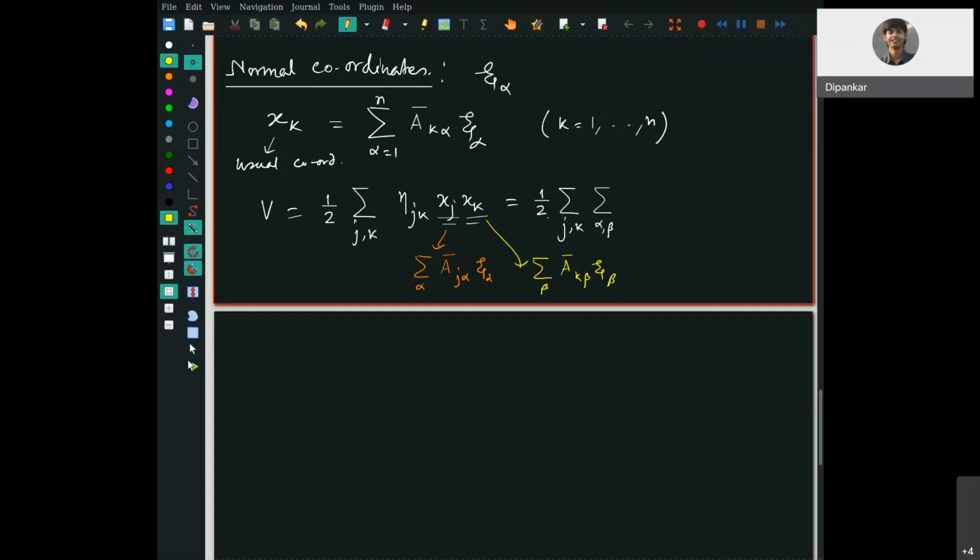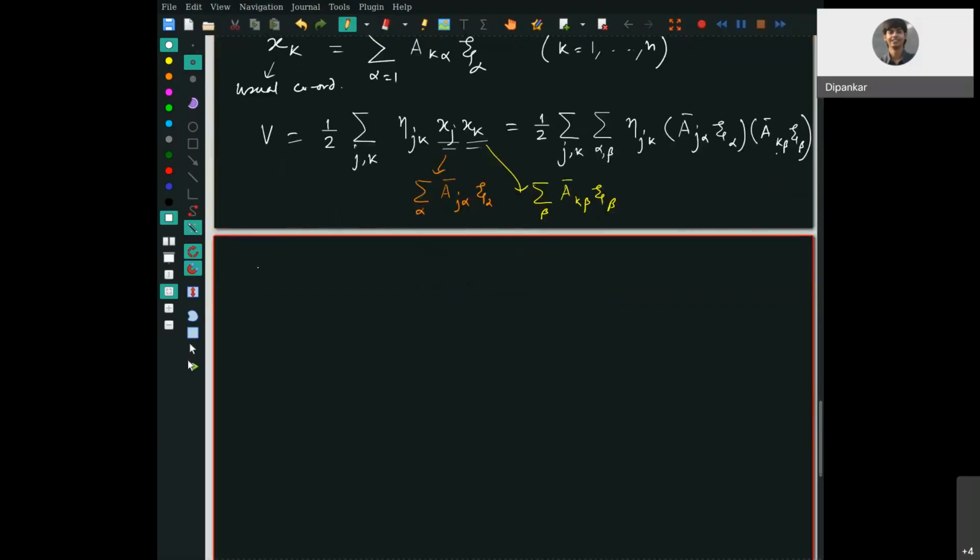So you can write this thing here as eta jk, then a bar j alpha xi alpha, then a bar k beta xi beta, right?